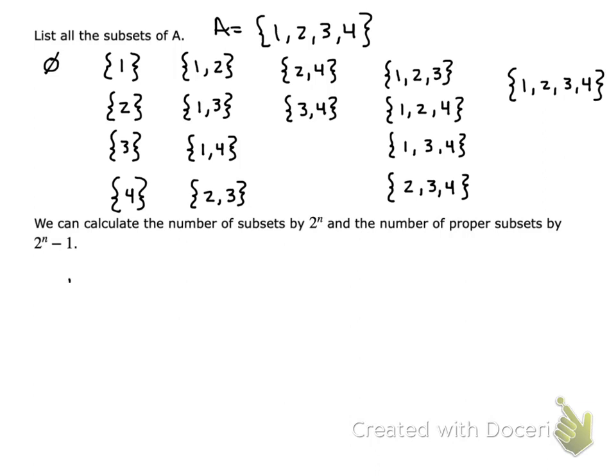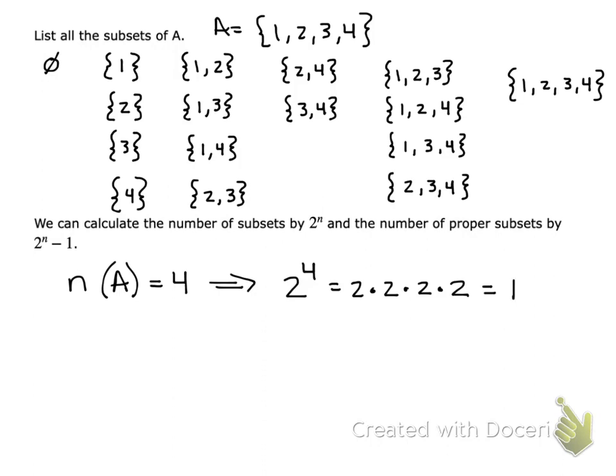So we know that the cardinal number of set A is 4. So I can figure out how many subsets set A would have by taking 2 and raising it to the 4th power. That means 2 times 2 times 2 times 2, which is 16.